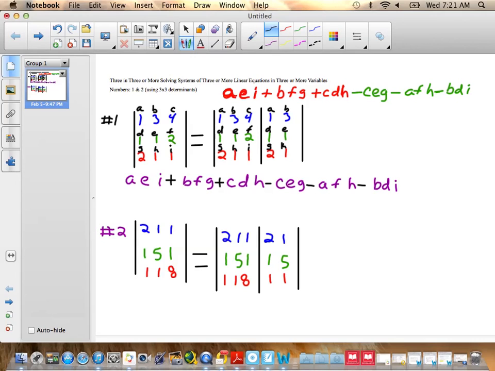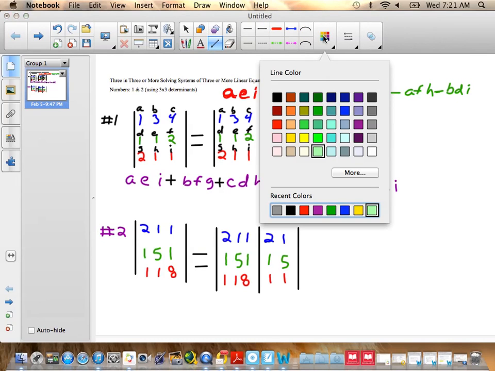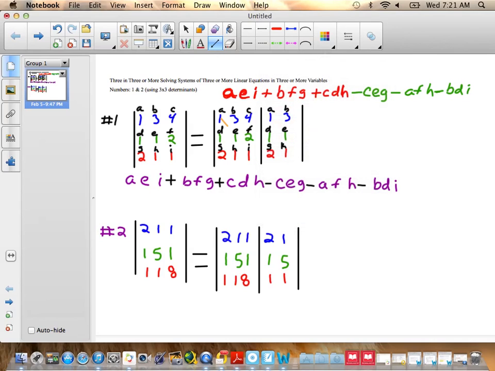So how do I determine what goes where? If you remember, we just go on a diagonal. I go A, E, I, and that corresponds with the position right here.